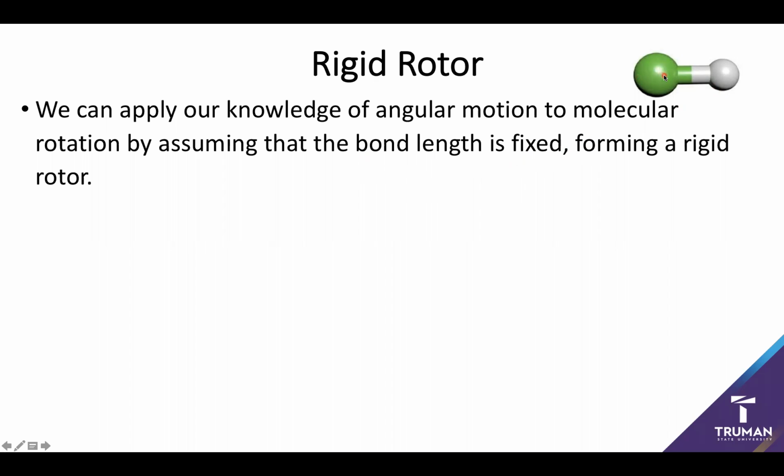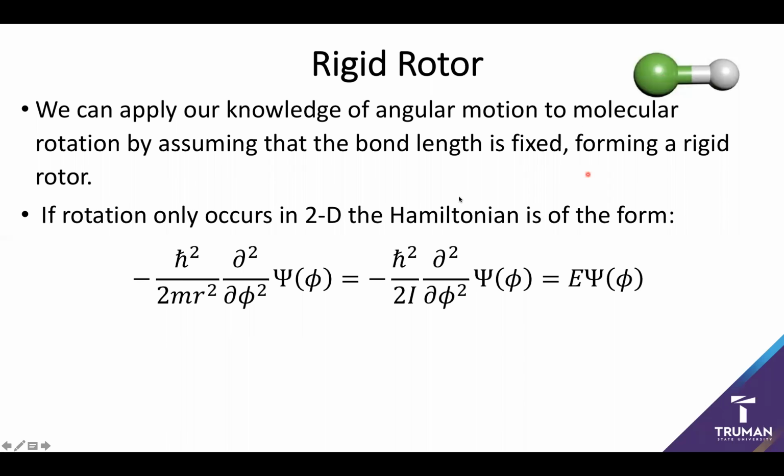So to describe this system, we can essentially start with our Hamiltonian for a rotating free particle with, again, fixed distance. So we have as constants our Planck's constant, our mass, which should be done as a reduced mass for most systems, and again, our bond length of the system.